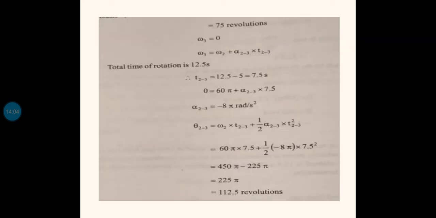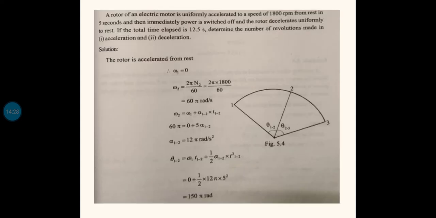Now using the same equation, omega equals omega 0 plus alpha 2 3 into t 2 3. The final angular velocity is 0, omega 0 is 60 pi radian per second, and alpha 2 3 we don't know. How will you find t 2 3? It is given in the question that the total time elapsed is 12.5 seconds, and among this 5 seconds was the acceleration part, so the rest is the retardation part.